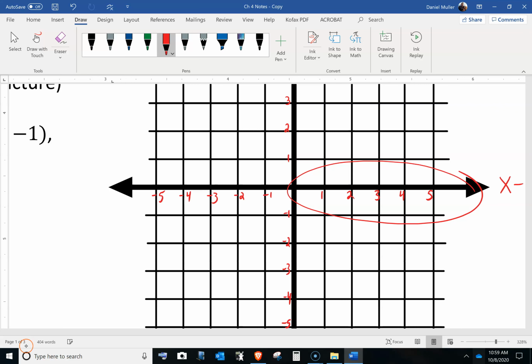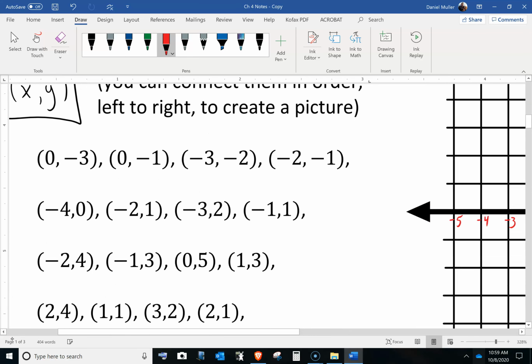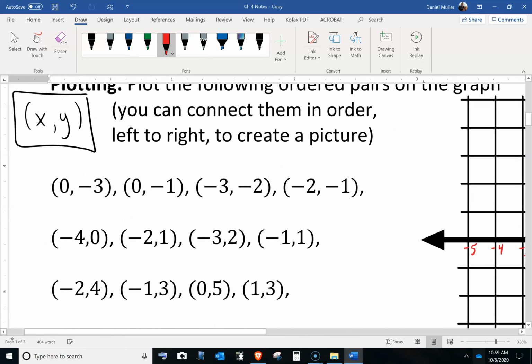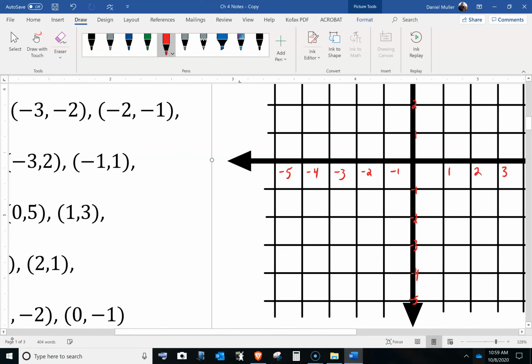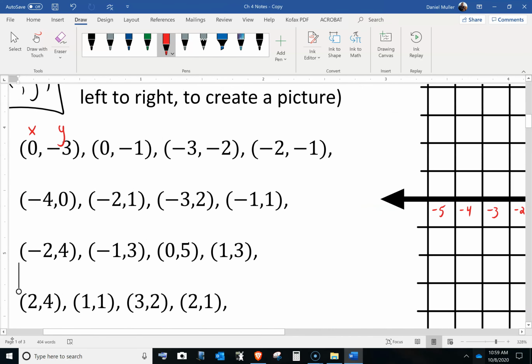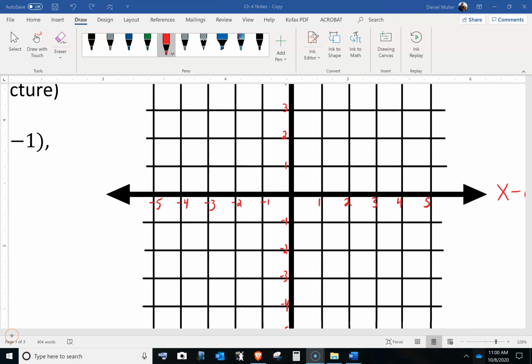And then we can plot these points. We just go to the spot. There will be some sort of instruction saying go this far in the x direction, and then go this far in the y direction. So let's start here. It says go 0 in the x and -3 in the y. You always start at the origin. Normally I have to move left or right for the x, but it's telling me to go 0, so I'm not going to go anywhere.